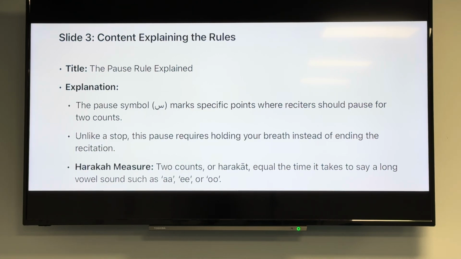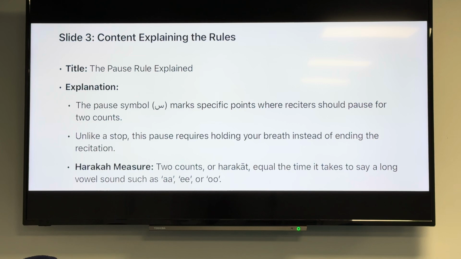But if you press the pause, you can go back, and if you press pause again, it will start. So the basic understanding is that pause is shorter than a stop. So the duration, in terms of stop and pause, is that pause is shorter.